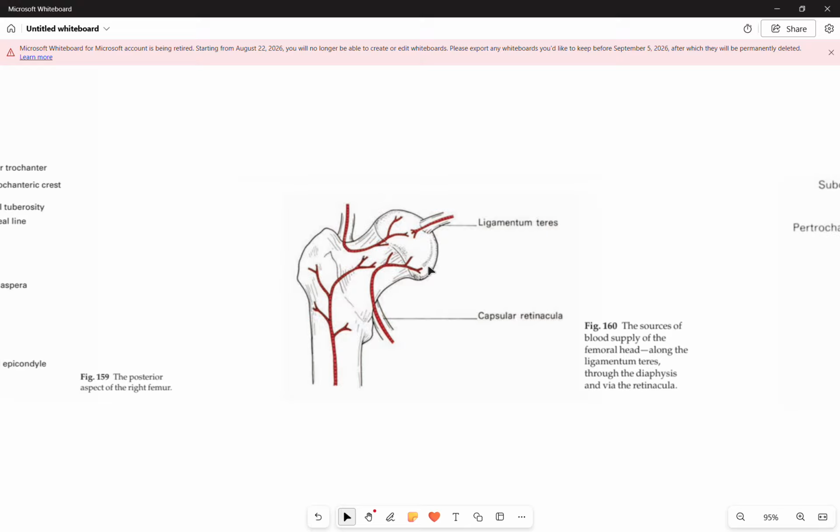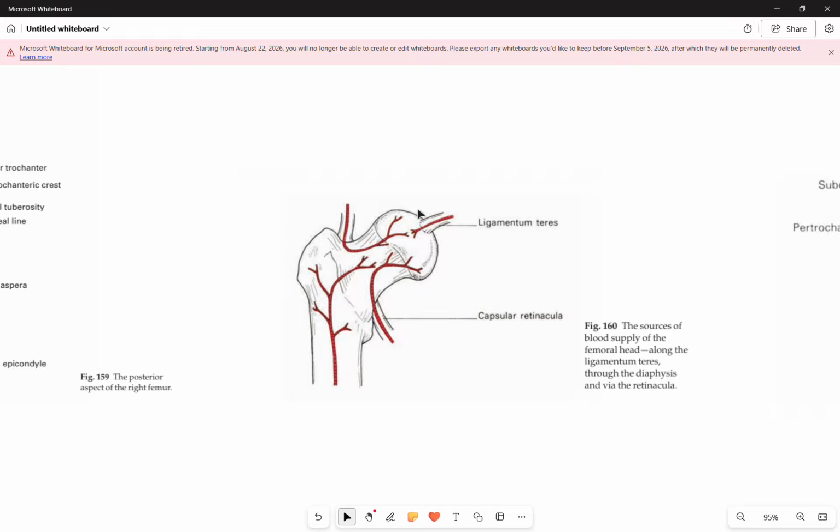This is the head of the femur. There is a central fovea where the ligamentum teres is attached, and this carries a blood vessel. The blood vessels also come from the diaphysis and supply the neck. And the blood vessels also come from the capsule, known as the capsular retinacular vessels, and they supply the neck and the head.